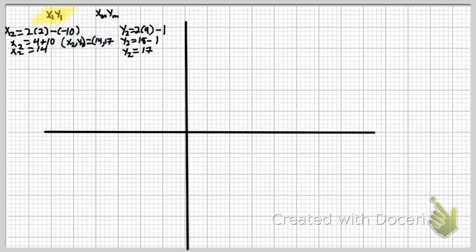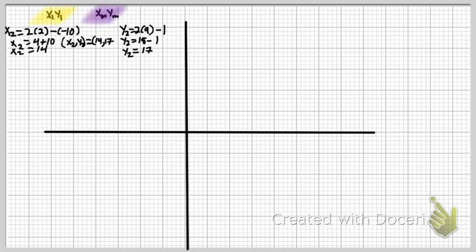So that's the work we just did to get 14, 17, and I'm going to color code this. My x1, y1 is yellow, that's my given endpoint. My xm, ym, that's my midpoint, as purple. My x2, y2, that's my other endpoint, as blue. So let's graph these out. First point I get is right there, yellow, negative 10, 1.